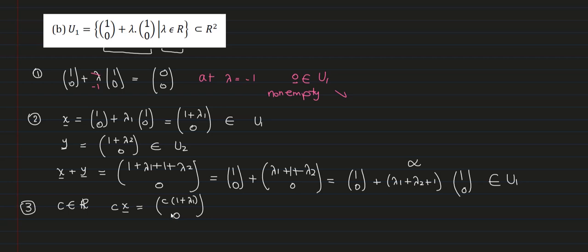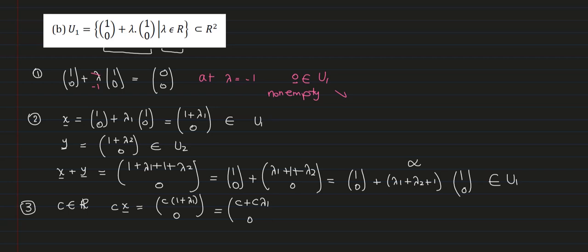Again, we need this to look like something from above. So we will have here C plus C times lambda 1, and 0, right? Okay, we need to set it in that form. So what are we going to do here? We are going to do a small trick.